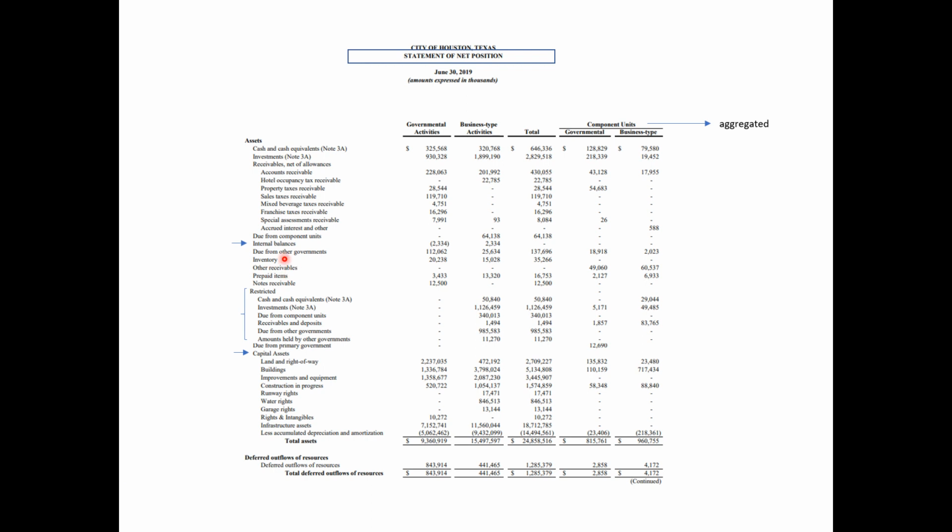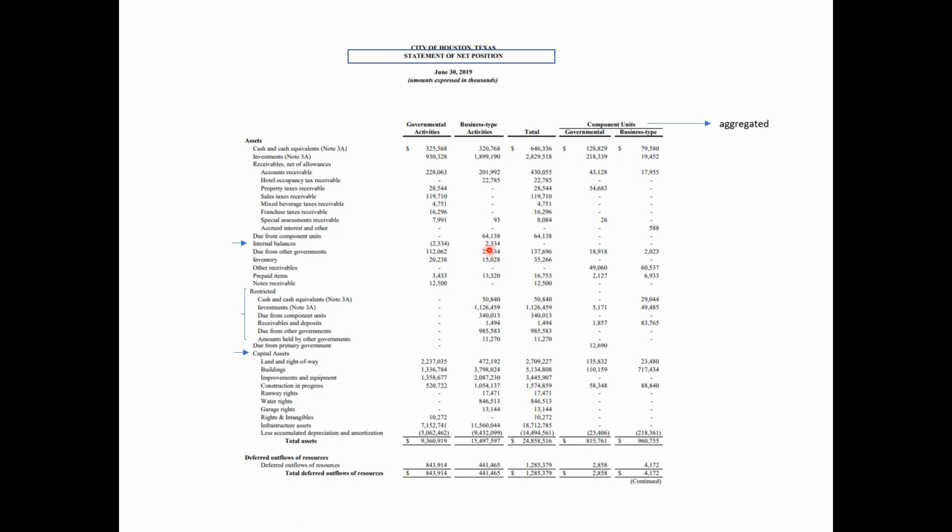And let's go back to the assets, internal balances. Okay, we talk about internal balances. For example, two government units may have transfers in and transfers out. They may also have payables and receivables.